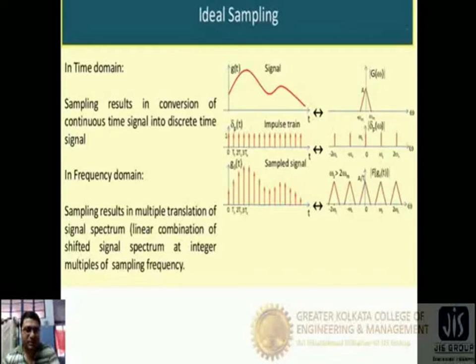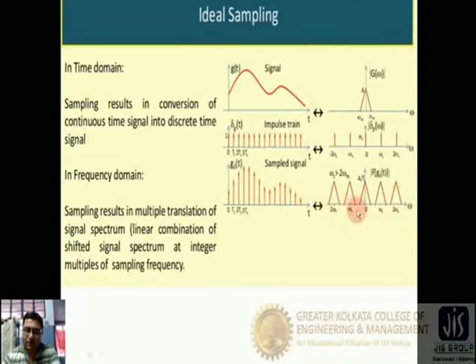Here you can see the continuous time signal and its frequency domain representation is like this, and for the impulse train the frequency domain representation is continuous, and for the sampled signal the representation looks like this.